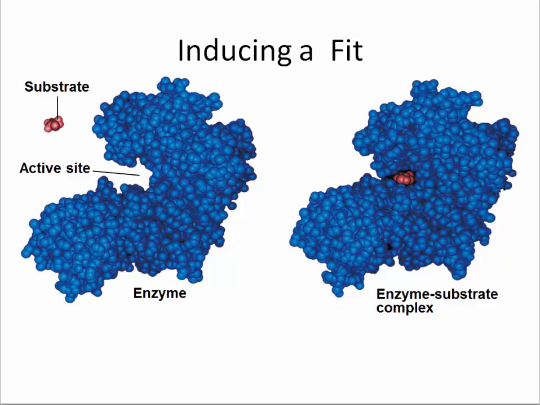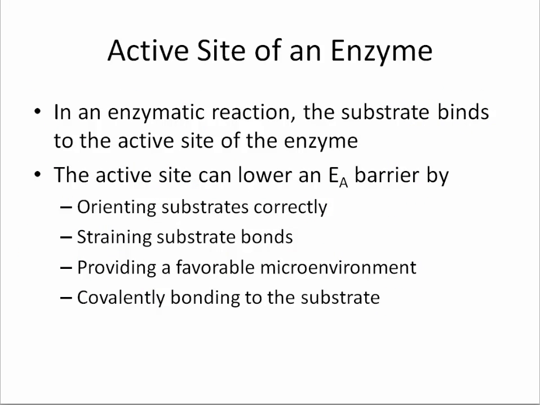It folds over it and becomes a complex, and then the bonds are actually doing this for them, the hydrogen bonds and the other weaker forces. And then it will break apart the bond that is in the substrate and release it. It's ready for the next molecule to show up.